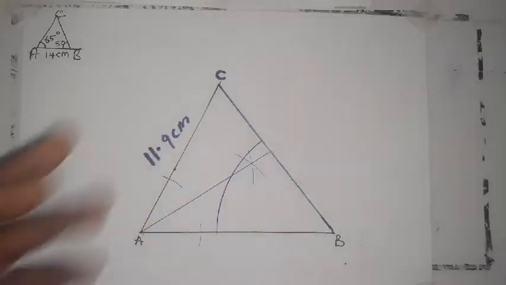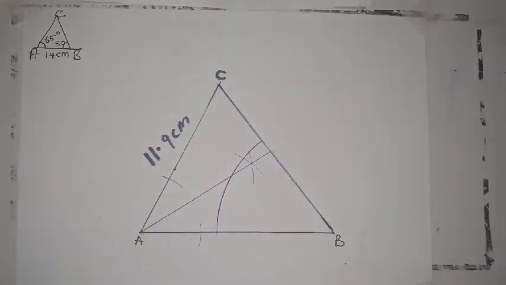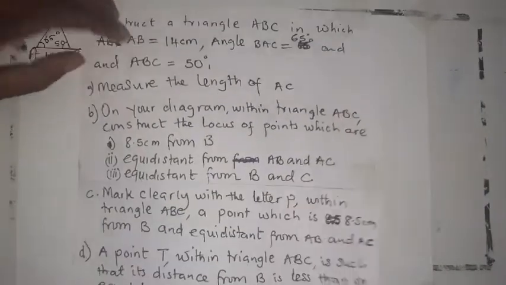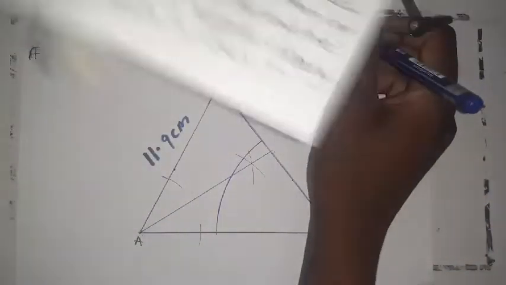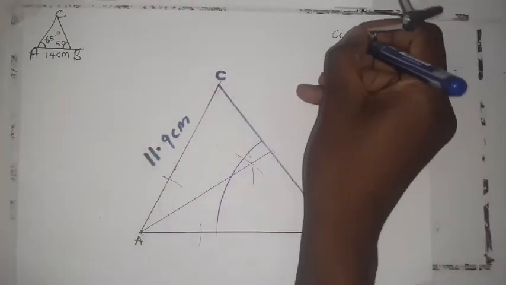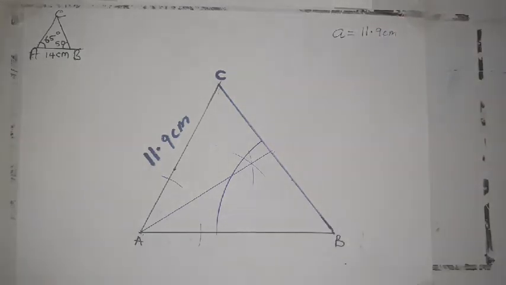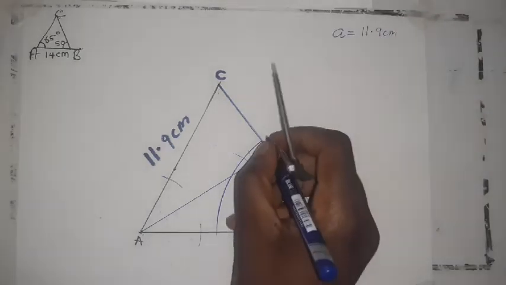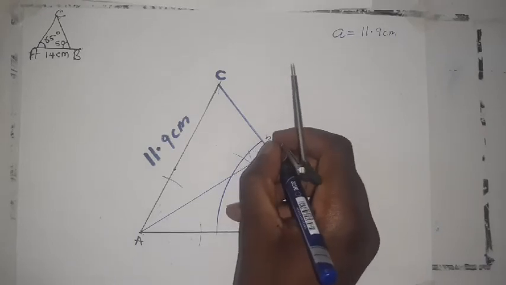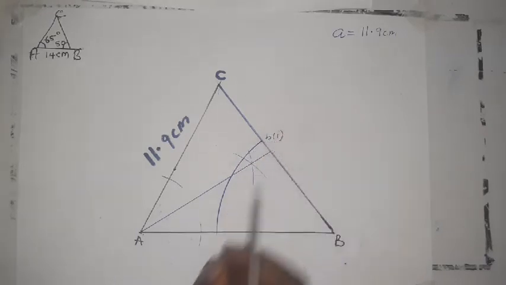If you want, you can be labeling these things. Like, what am I talking about? A. When we measured A here, what did we get? 11.9 centimeters. Then this arc here was like B, Roman numeral 1.